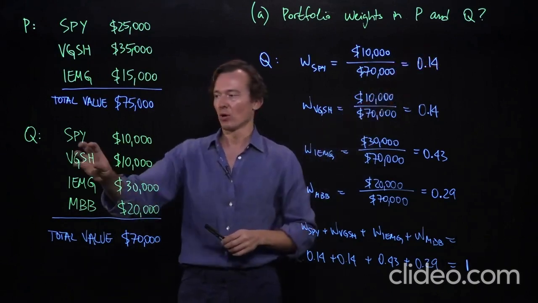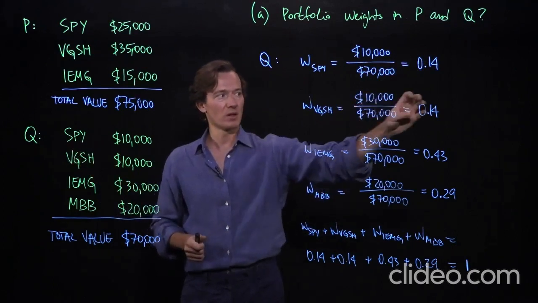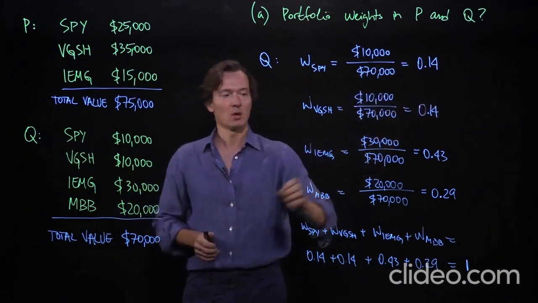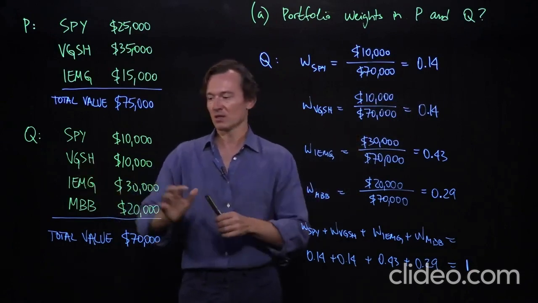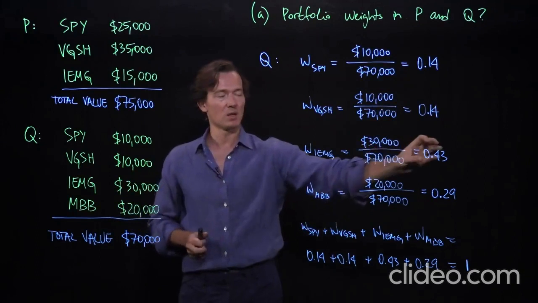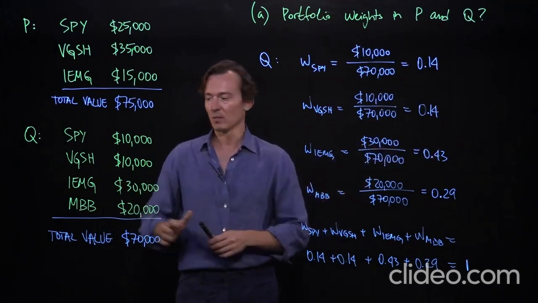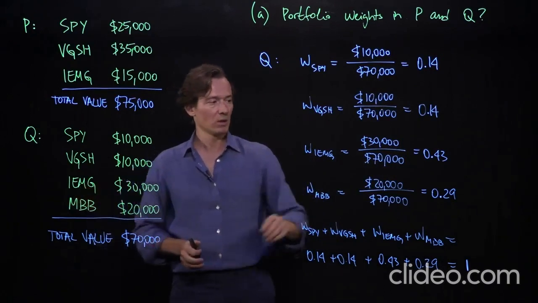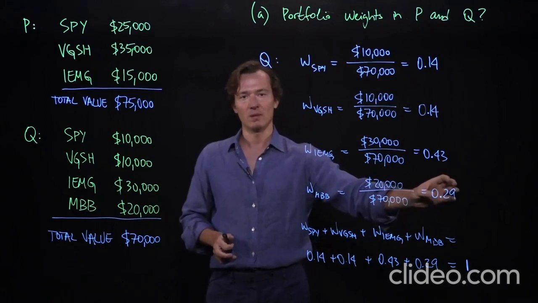We're doing the same for the short-term treasury ETF. So 10,000 divided by 70,000, also 0.14. The weight of the emerging markets ETF is 30,000, its value, divided by 70,000, that's 0.43. And finally, the weight of the mortgage-backed securities ETF, 20,000 divided by 70,000, that's 0.29.